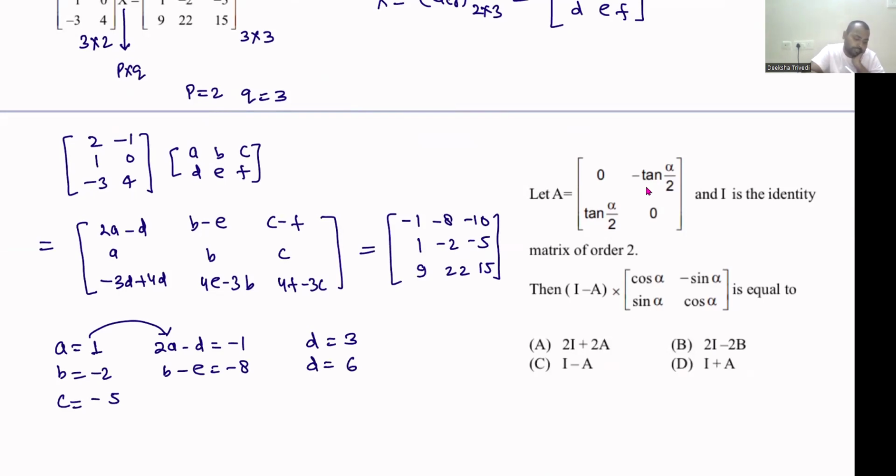Check. And we are saying C minus F is -10, then what is F? 15. Now you need to check whether this result satisfies this or not.